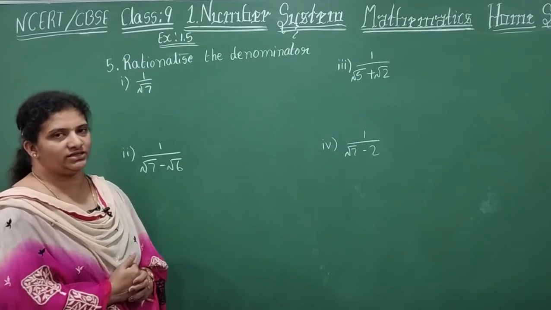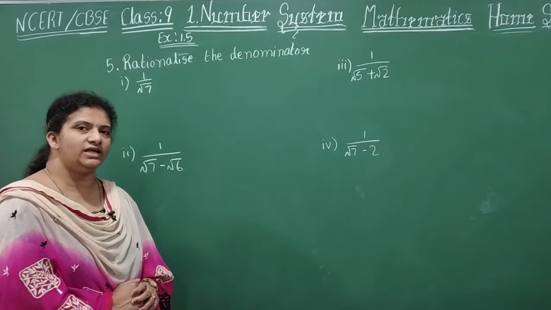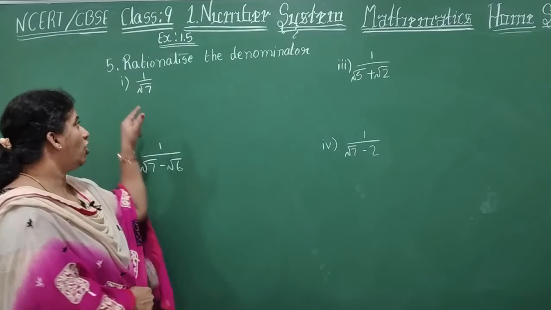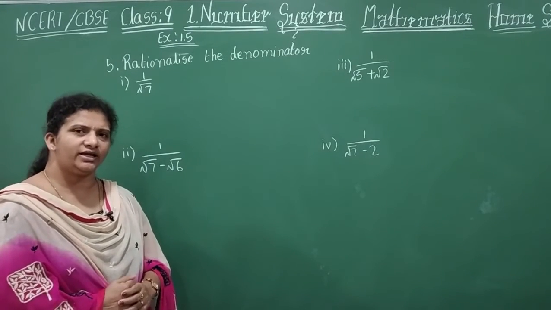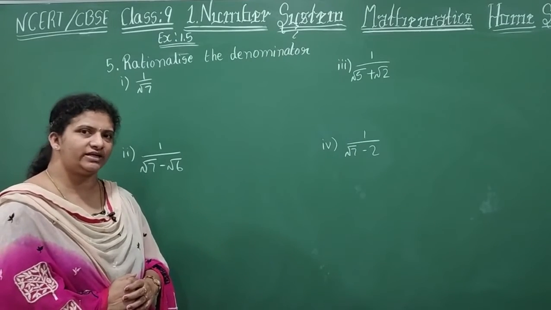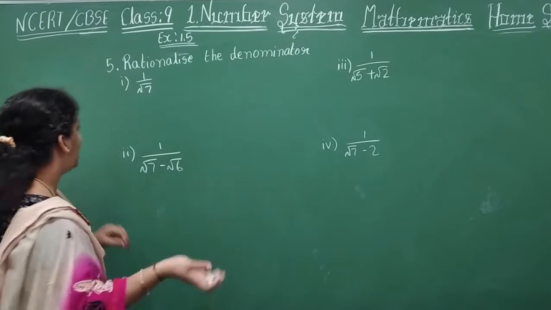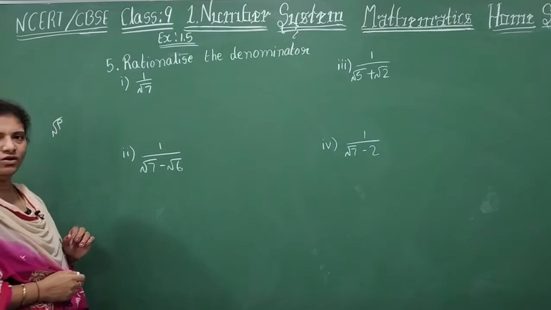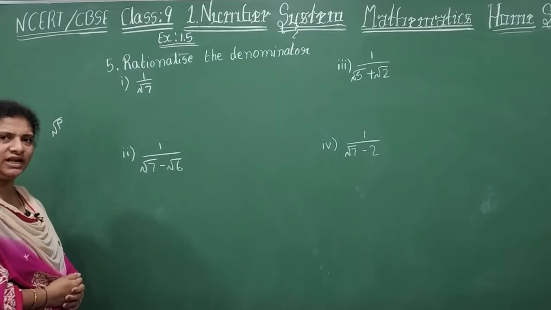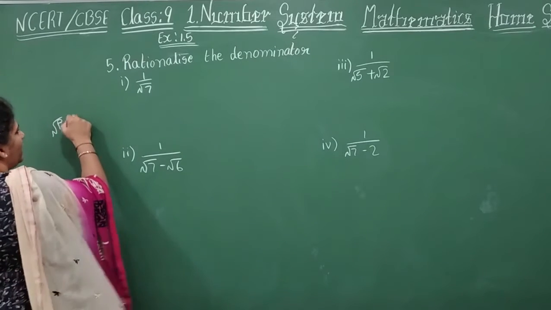How do we do this? We need to rationalize by taking the conjugate of the denominator. What is a conjugate? How to understand this conjugate, children? Suppose I ask you root p, what do you multiply to get a rational number? Root p into root p.